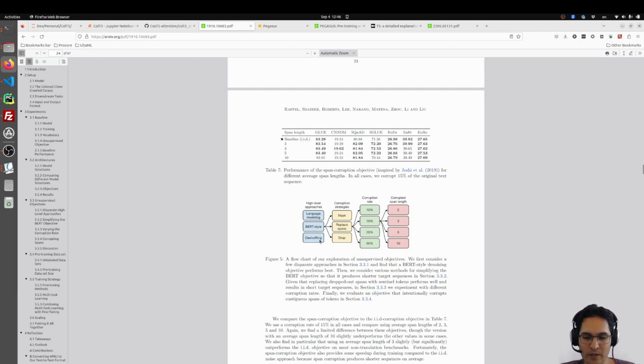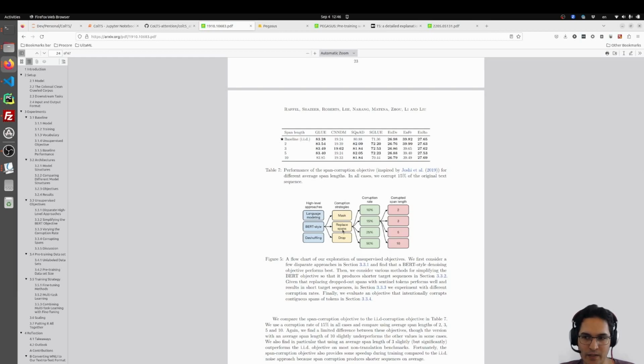Deshuffling means that you shuffle the words and try to predict the correct order of the words. That's one task. For BERT style, we can do different things. One is to mask that specific word, or we can replace a span. It cannot be just one word, it can be two or three tokens. We will talk about that in a few minutes.